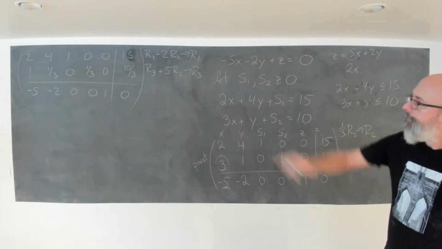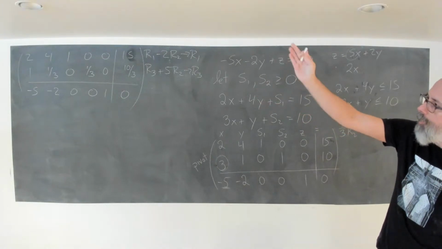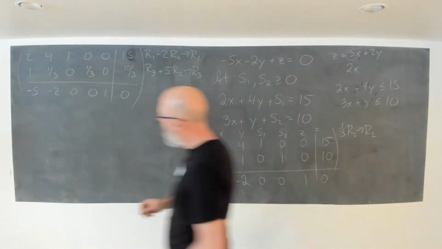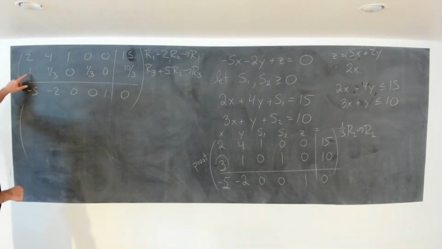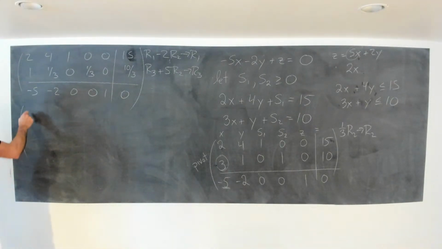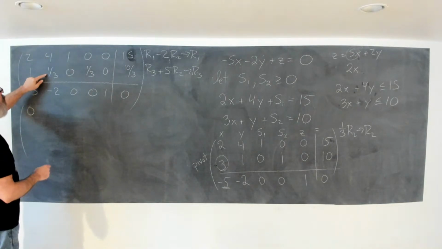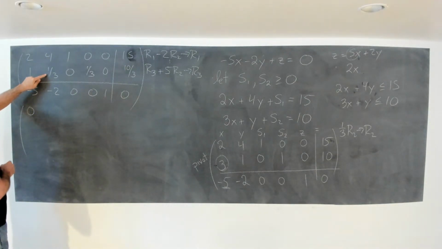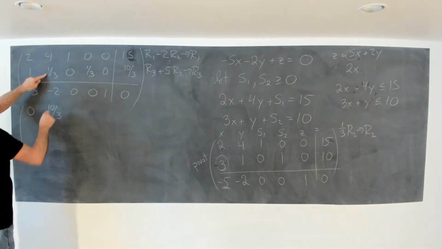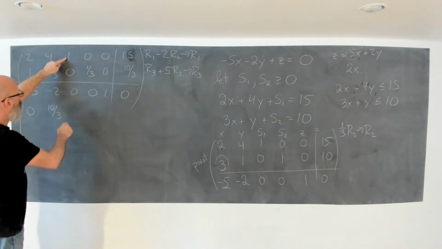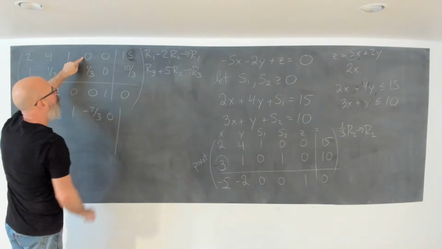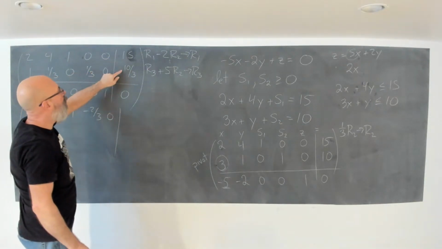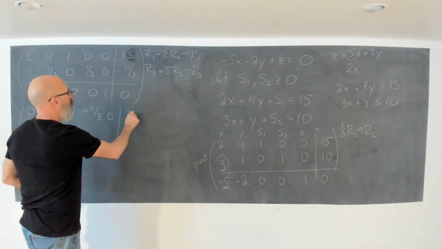All right, we're using our pivot to clear out the column. So 2 minus 2, 4 minus 2/3, 1 minus 0, and 45 minus 20, so 25 over 3.